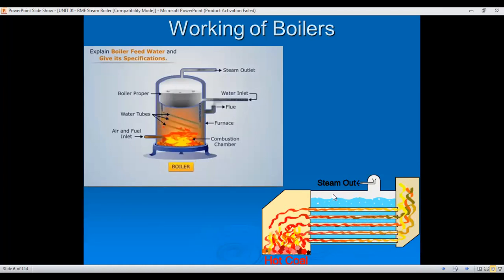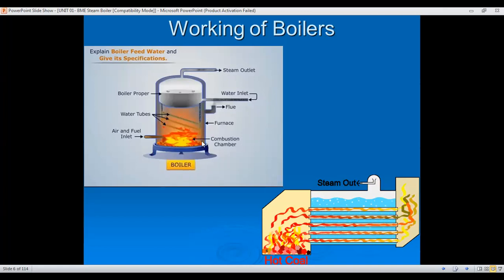Water surrounds this tube and steam is generated, and where the steam out is, whatever steam is generated we can collect in a separate container.